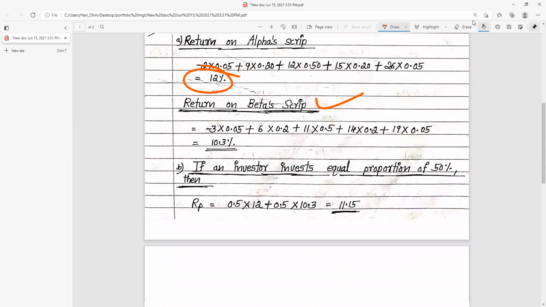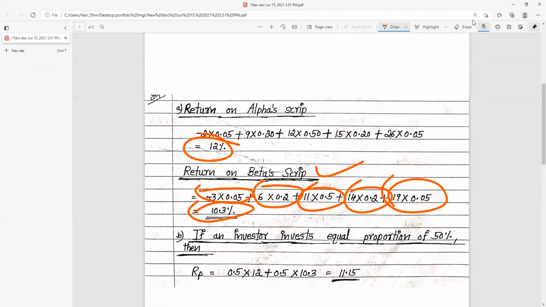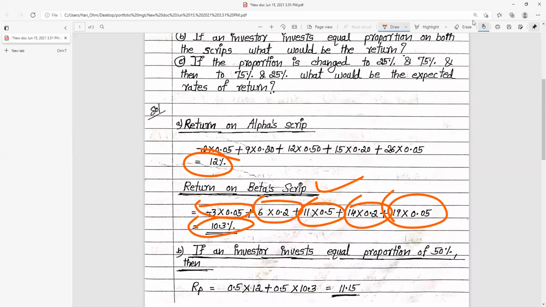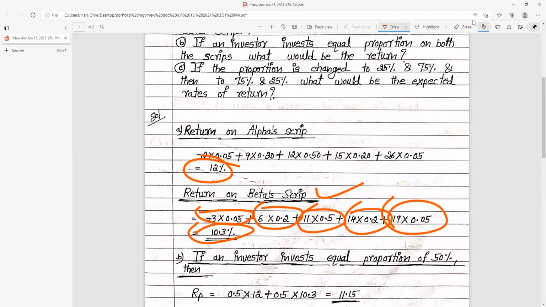Like that, you have to calculate. Answer is 10.3%. Okay, clear? So first question you worked out.